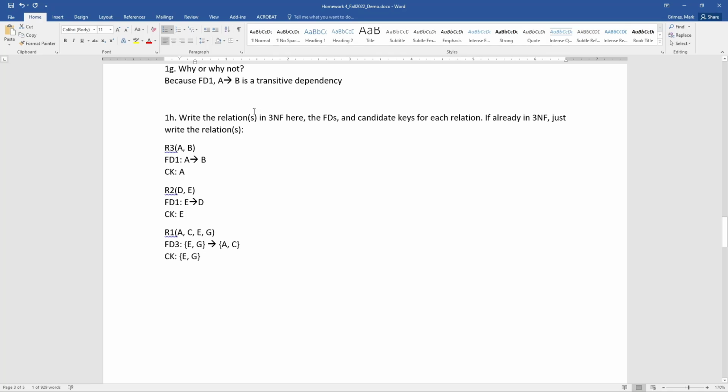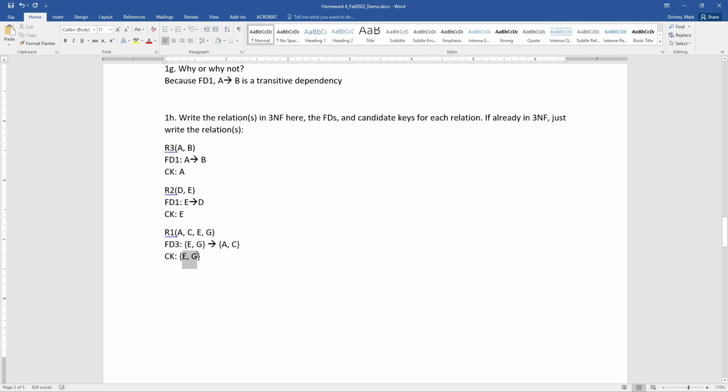Relation 3 with the attributes A, B, and the functional dependency A determines B, and a candidate key of A. Relation 2 with the attributes D and E, the functional dependency E determines D, and a candidate key of E. And then our original relation 1 is now just left with the attributes A, C, E, G, with the functional dependency of EG determines AC, and a candidate key of EG.